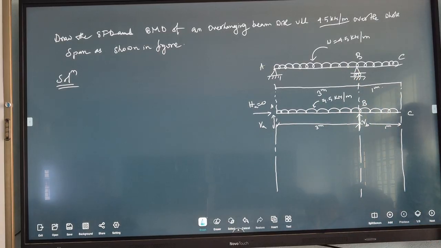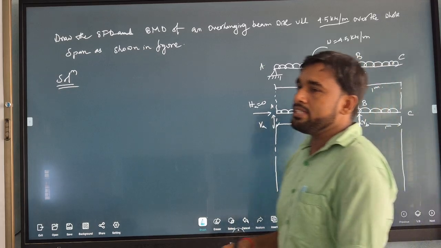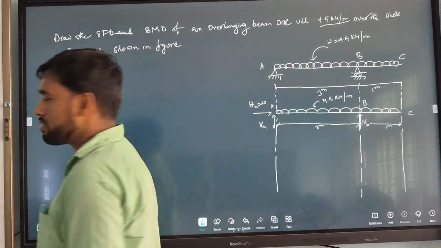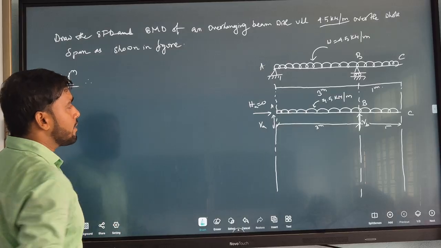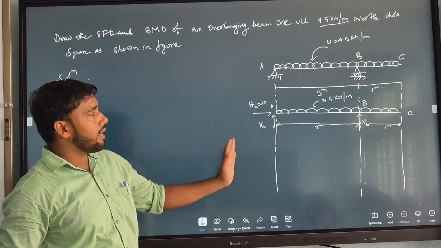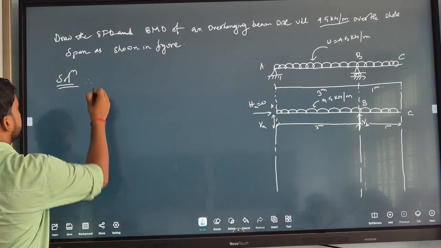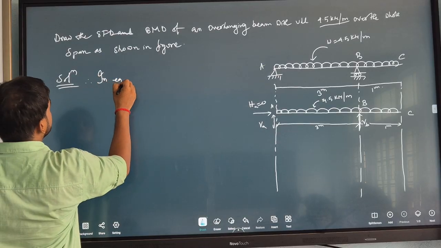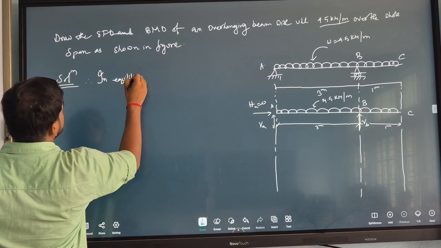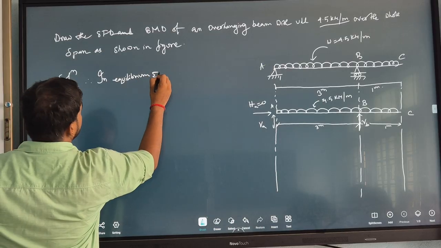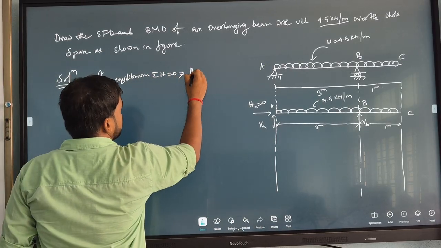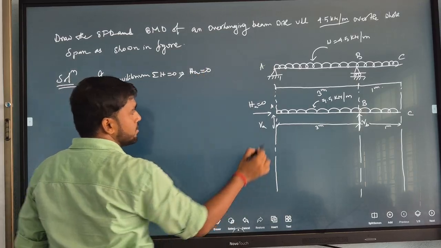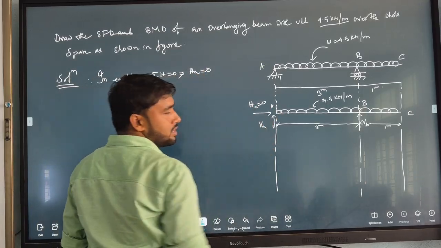Okay. Now the first step is calculation of support reactions. So apply the conditions of equilibrium. Calculate the values of HA, VA and VB. In equilibrium, summation of horizontal force is 0, that means HA is equal to 0, because only one horizontal reaction is there.